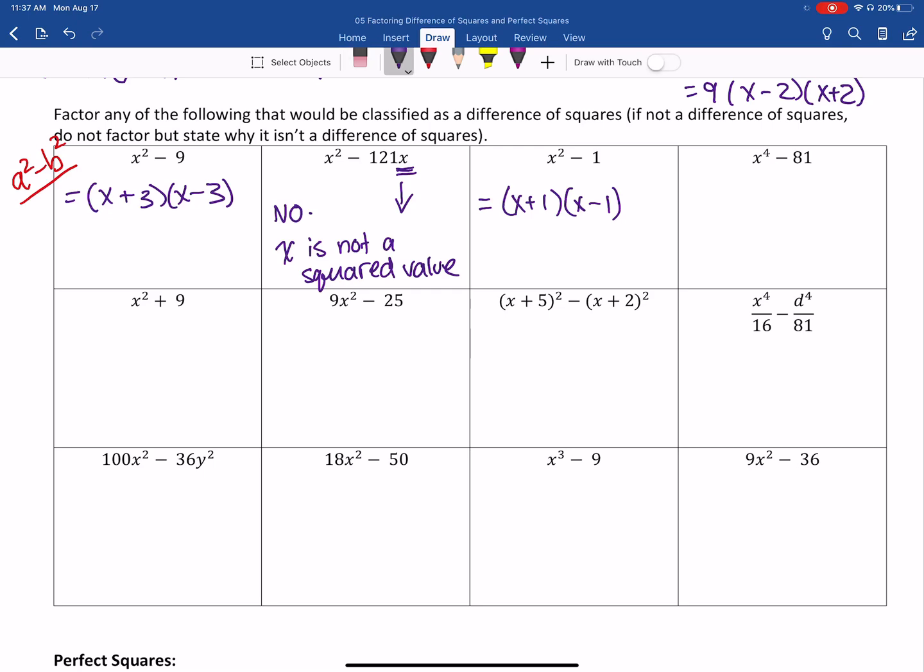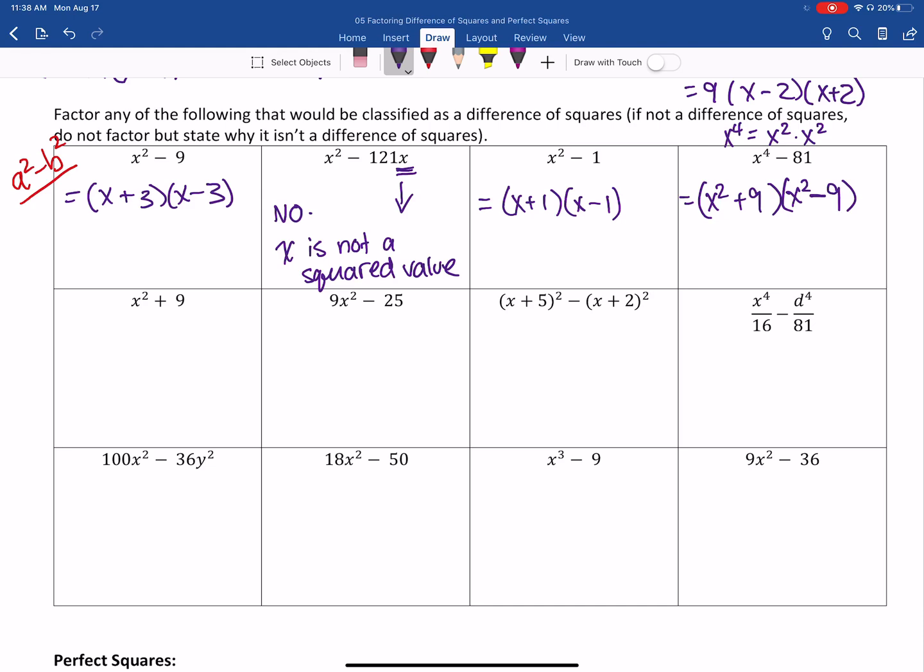In fact, 4 is a square number because x to the 4 is something times itself, right? X squared times x squared is x to the 4. So yes, it can actually be square rooted. So it's a square number. We put x squared here, and the square root of 81 is 9, positive 9 and minus 9.